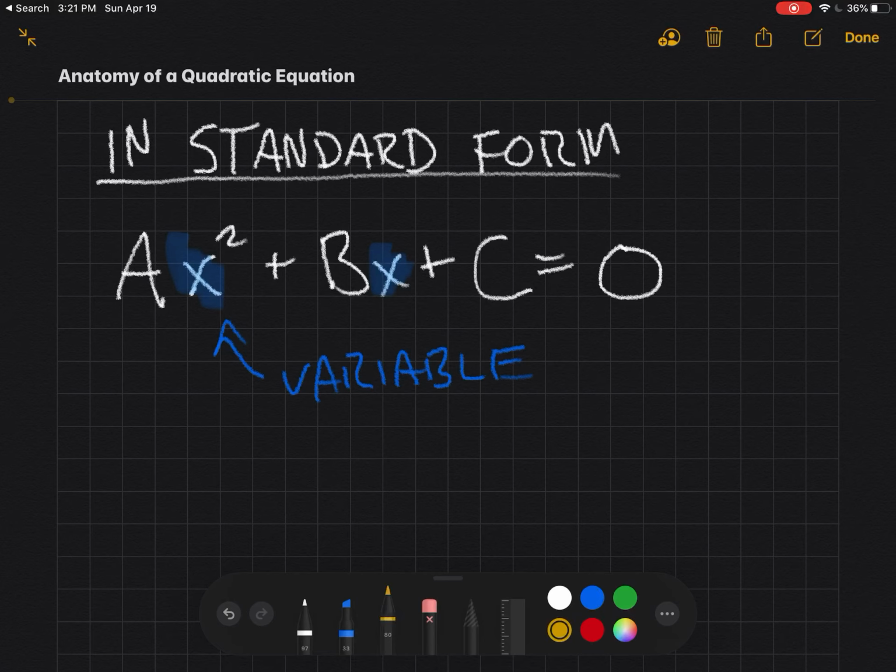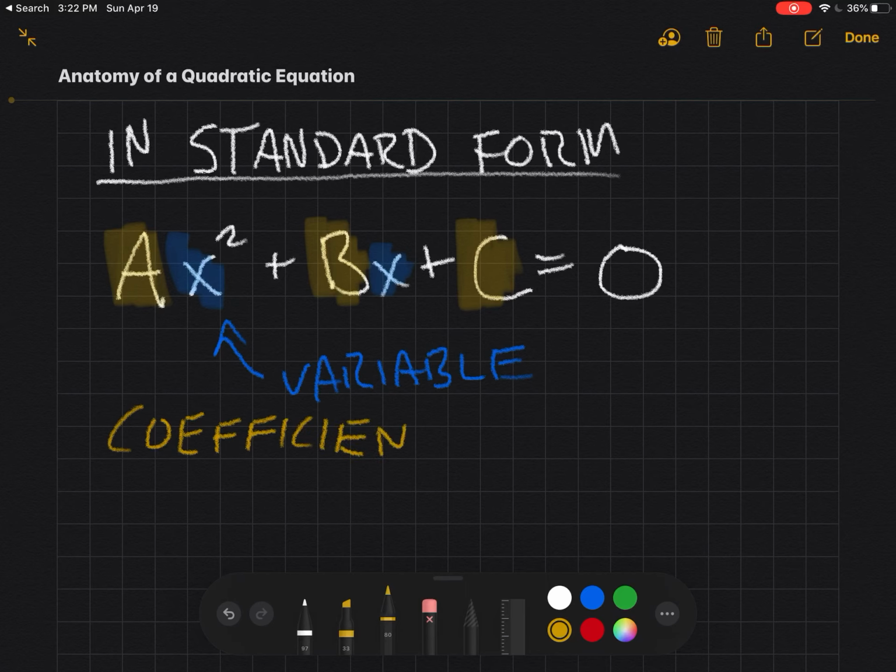Ax squared plus bx plus c equals 0. So here, x is our variable, and we have coefficients a, b, and c.